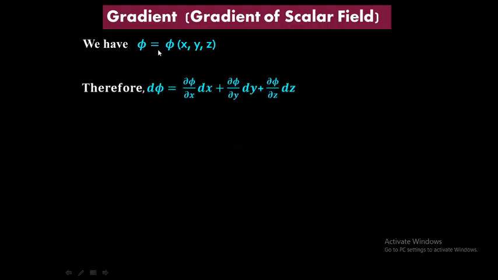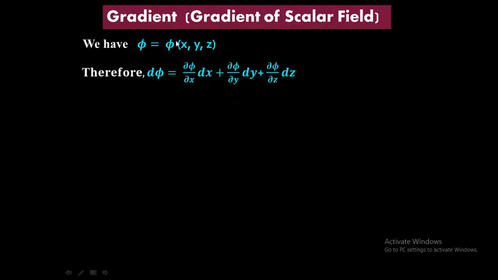So we will get d phi equal to del phi by del x into dx, plus differentiate scalar function phi with respect to y partially, del phi by del y into dy, plus differentiate scalar function phi with respect to z partially, del phi by del z into dz.